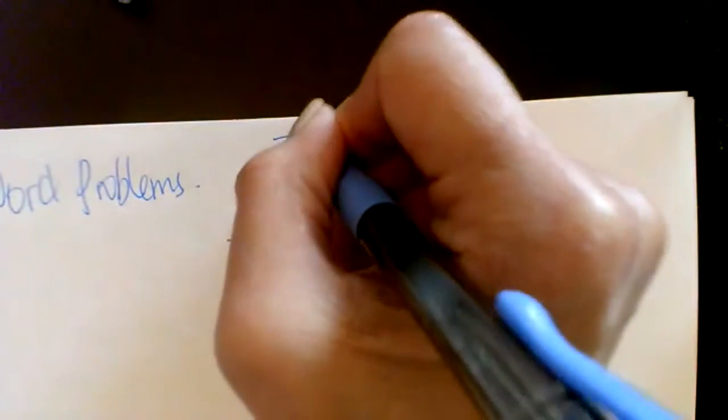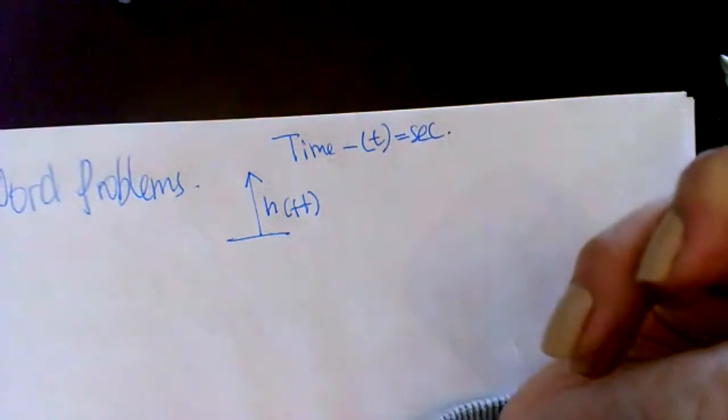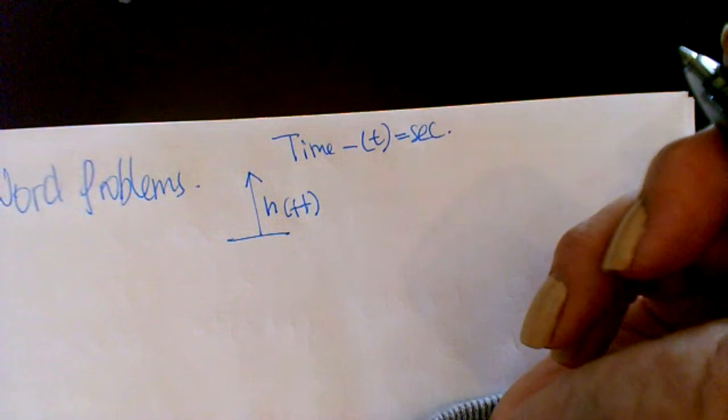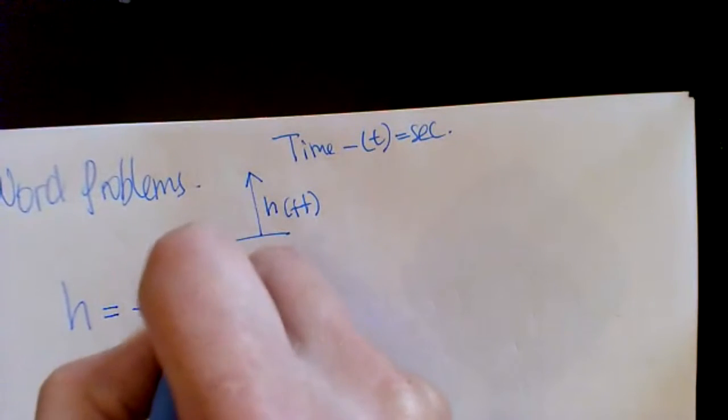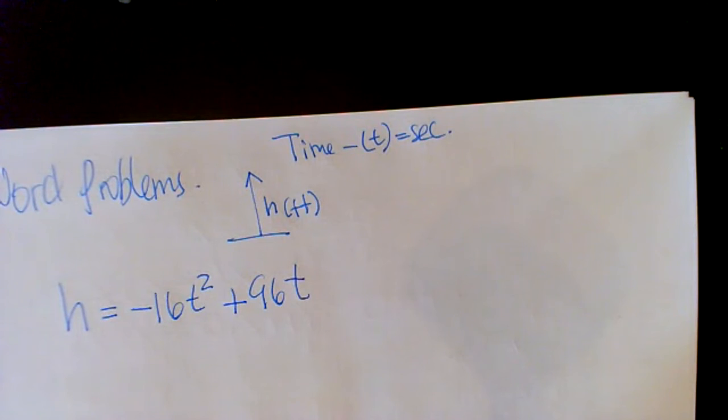The time is t and it's in seconds. And they're telling me that the height and the time are approximated by the equation, and here's the equation: h equal to negative 16t squared plus 96t. The question is, how long does it take the rocket to return to the ground?